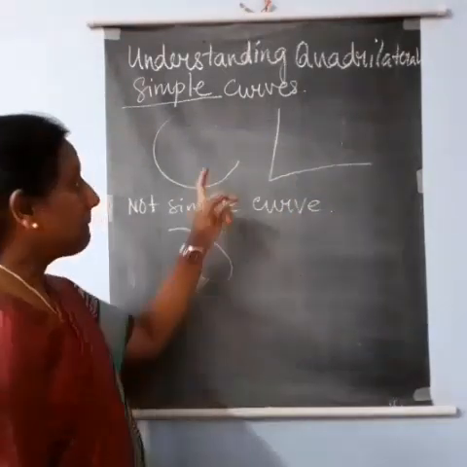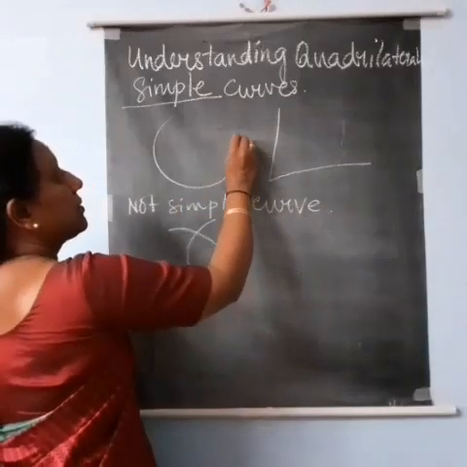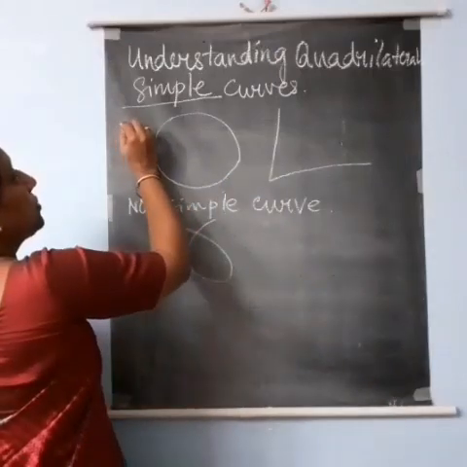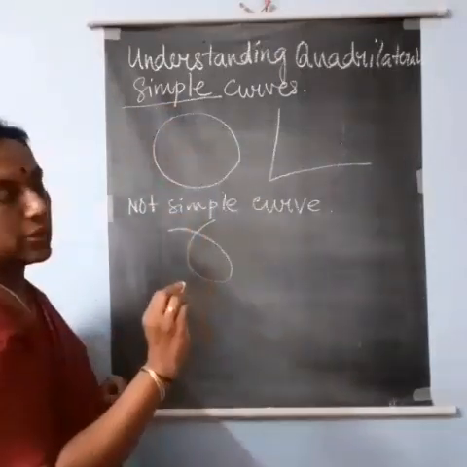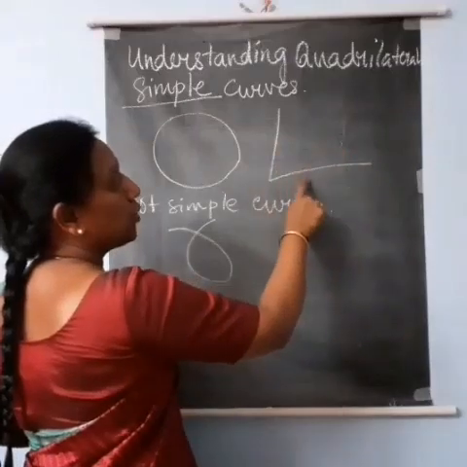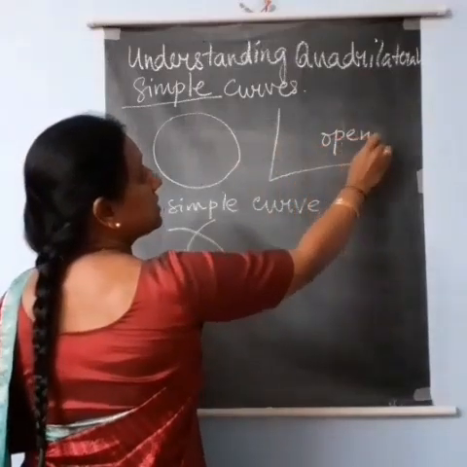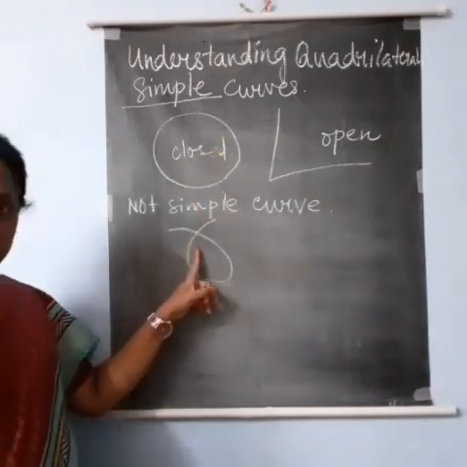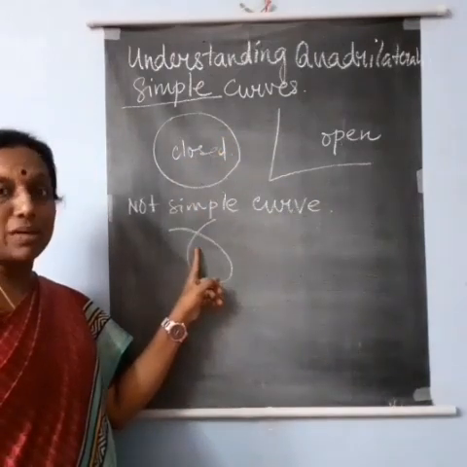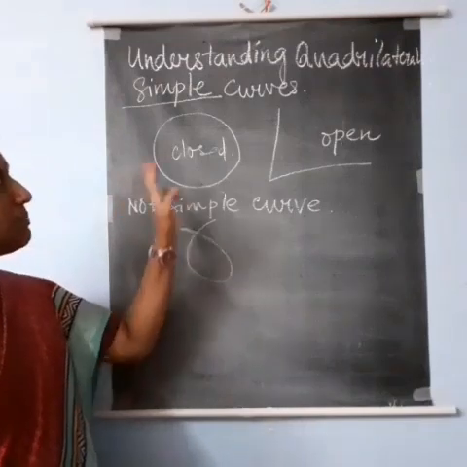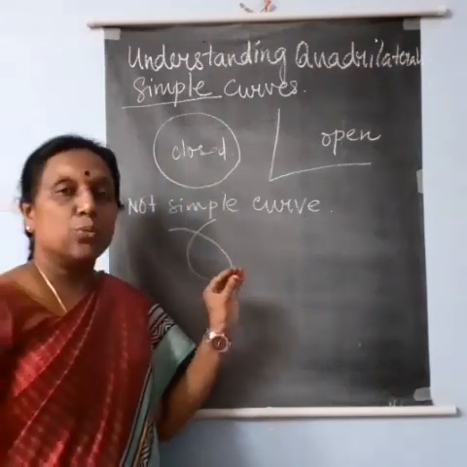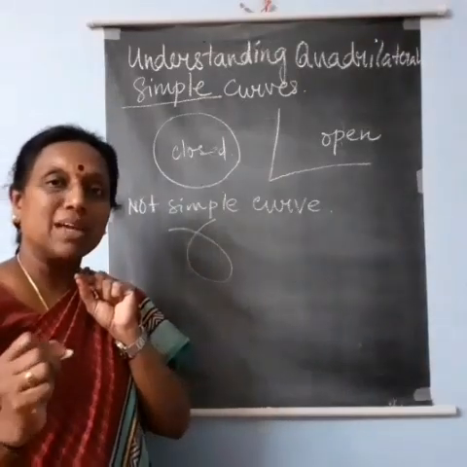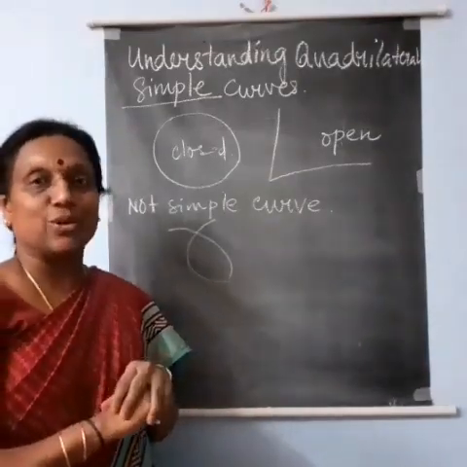Now if the simple curve is closed like this, then it becomes a simple closed curve. Now this is an open curve and this is a closed curve. Okay? Now this is a closed curve, but it is not a simple curve. Do you understand? So simple curves are figures where when you draw with the pencil, you do not make any common point when you finish drawing the curve.